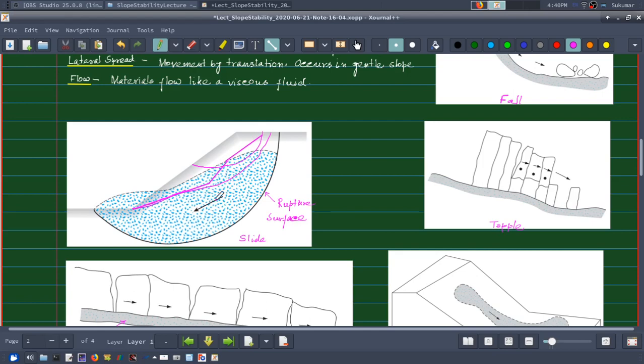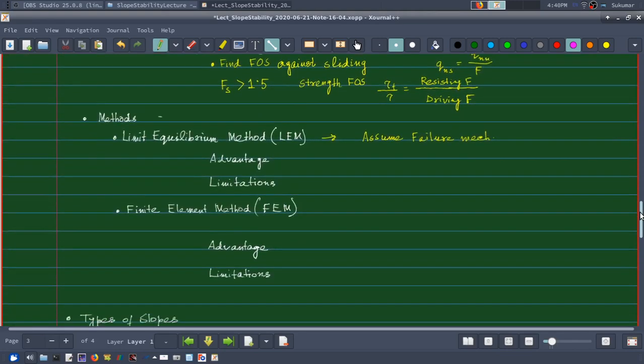So our job is to find the mechanism which gives the minimum factor of safety. It is a trial and error procedure; similar analyses must be repeated many times to find the actual factor of safety. That is the disadvantage of this method.